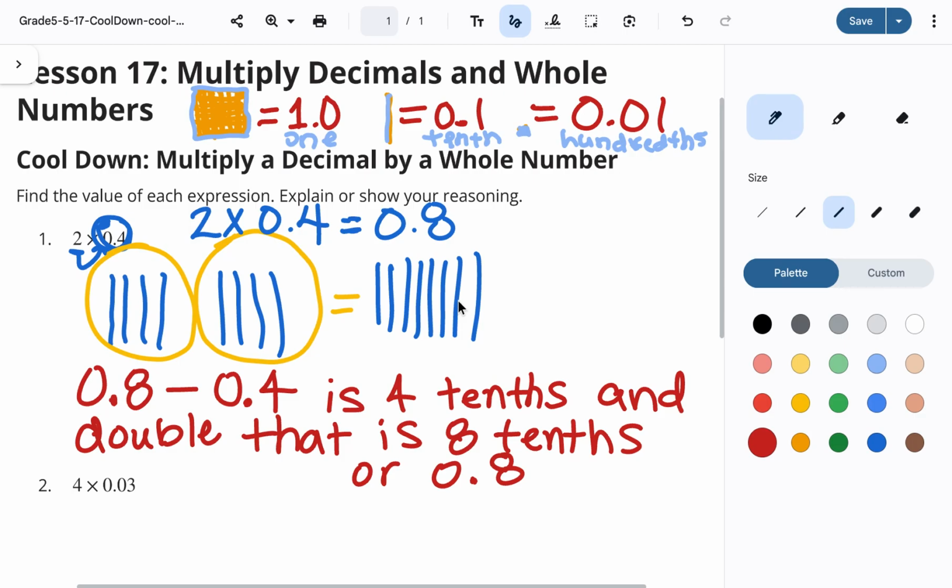So here, boys and girls, we have answered number 1 completely. I have done it with a representation of the base 10 blocks. I have done it with the abstract in an equation, but then in red down below, we also did explain our reasoning.